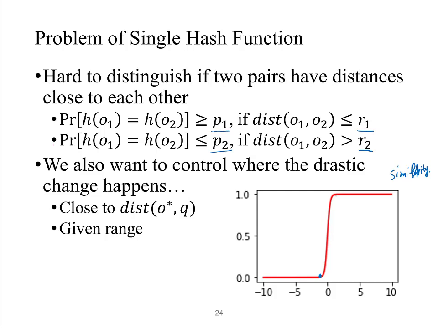So we want here to be R2 and here to be R1, but the corresponding P2 is 0, and P1 is quite close to 1.